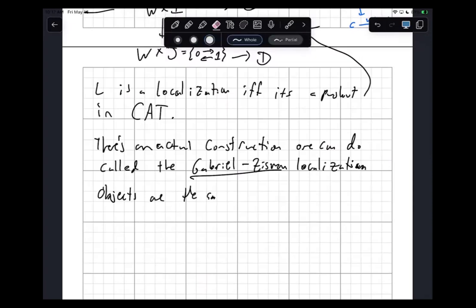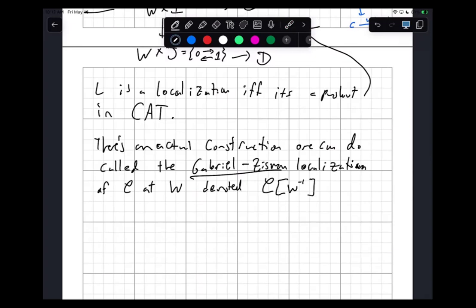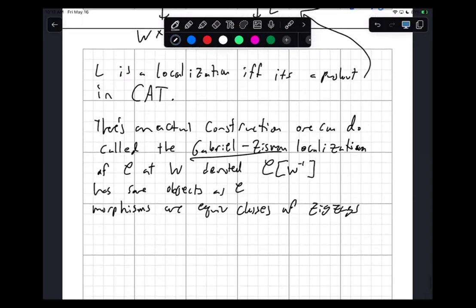The Gabriel-Zisman localization of C at W, denoted C[W inverse], has the same objects as C, but now morphisms are equivalence classes of zigzags. Do you know what year that paper is? 67, and it's in their book at least. Their book was published in 67. Okay. Gabriel and Zisman's book on localization and homotopy theory.